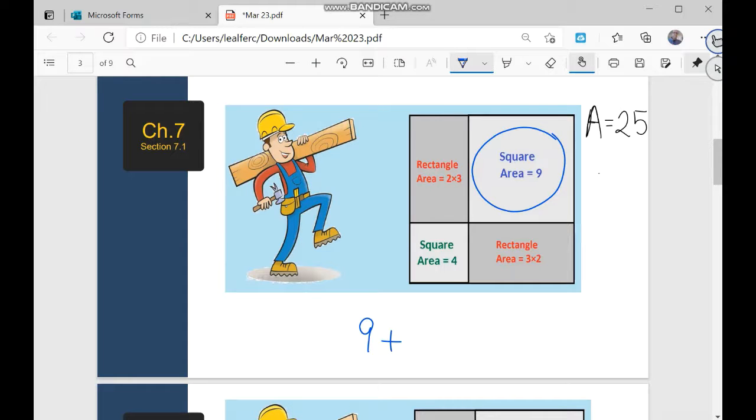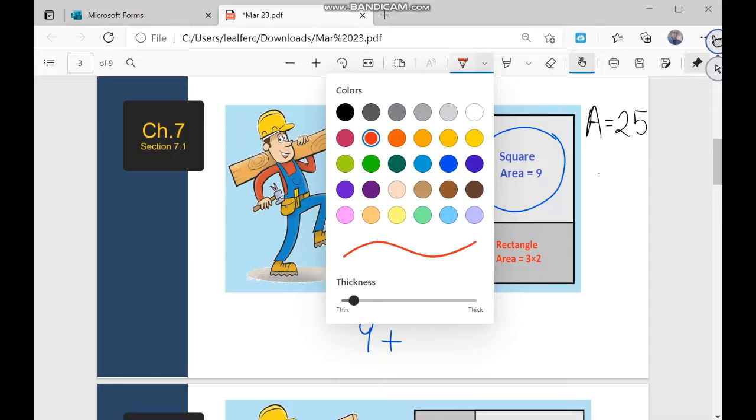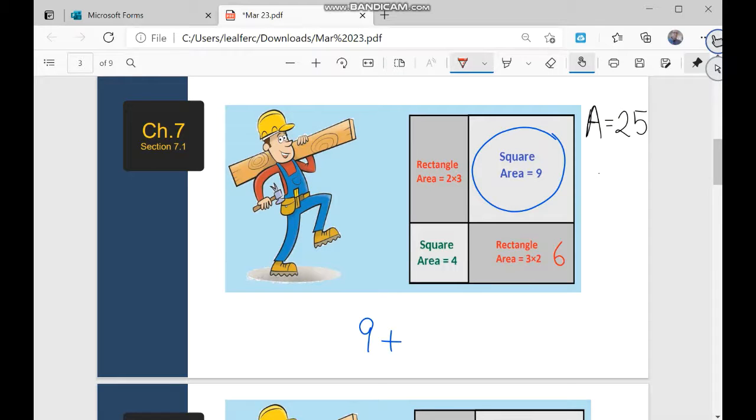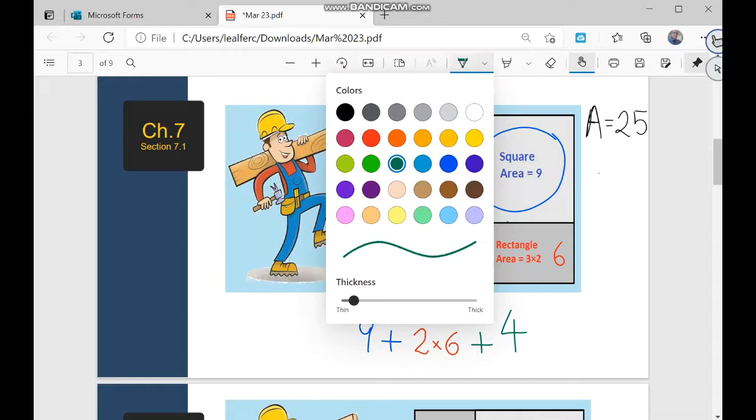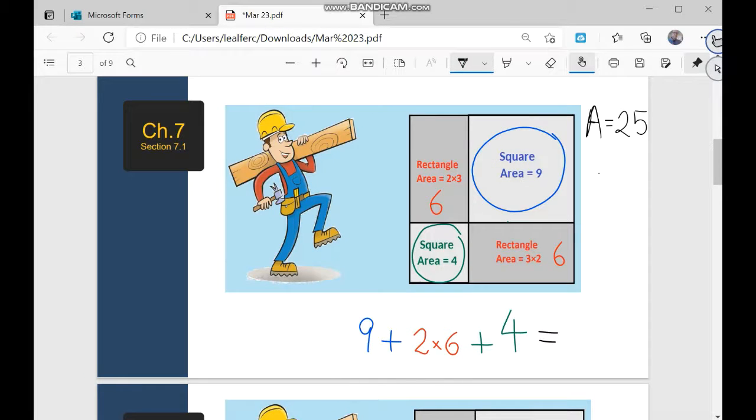We can also add the rectangles. We have a rectangle with area 6 and another with area 6, both have the same area. So 2 times rectangles with area 6. And we also have this tiny square here. Remember, it was the restroom. Plus 4. This is equal to the whole square, 25.